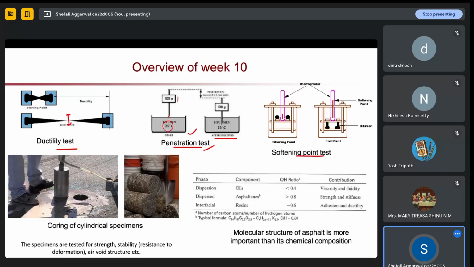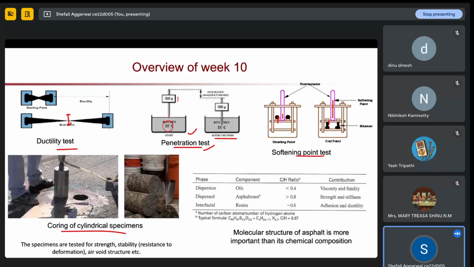Next is the softening point test. In the softening point test, we increase the temperature and check how our bituminous material melts with the increase in temperature. Other than this, if we have to do some mechanical or durability testing, we can do core cutting from our site, from any road.